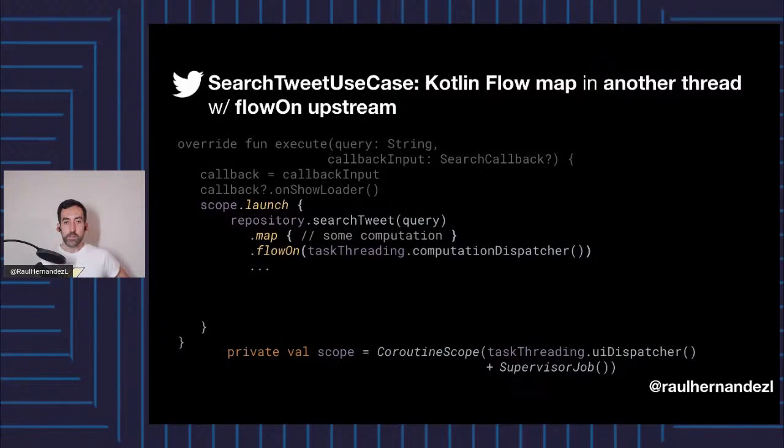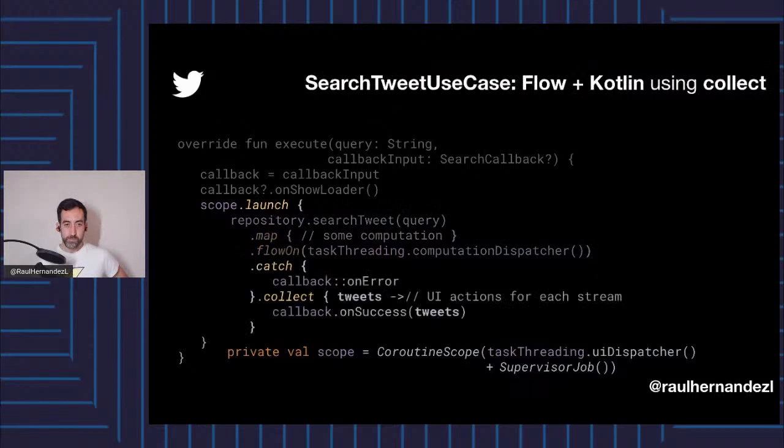I'll make sure that the search tweet is making this, so I'm going to map that, exactly the same, and then flowOn is going to be there because remember this is upstream and needs to be below the map, and this is going to be in the computation dispatcher thread pool. Then, if we need to catch any errors, I'll also add this catch operator right after flowOn, because we need to catch those things, and those things need to be in the UI if it's a callback.